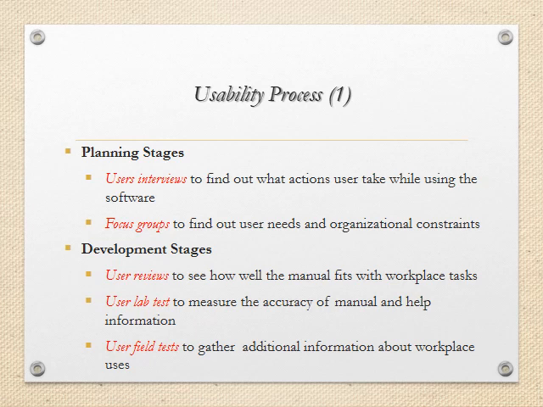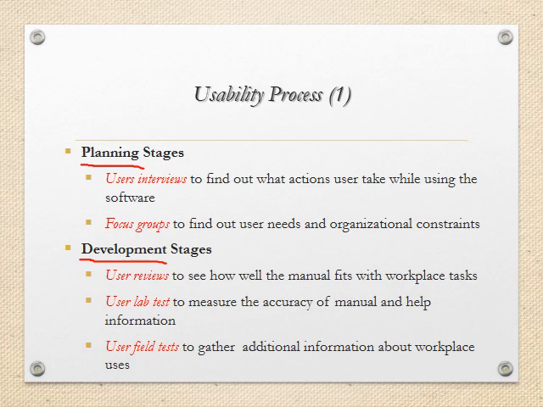During these phases, we involve the user so we can produce a good and usable software document. This process consists of three stages. The first phase is the planning stage, then a development stage, and we finally end with the evaluation phase.